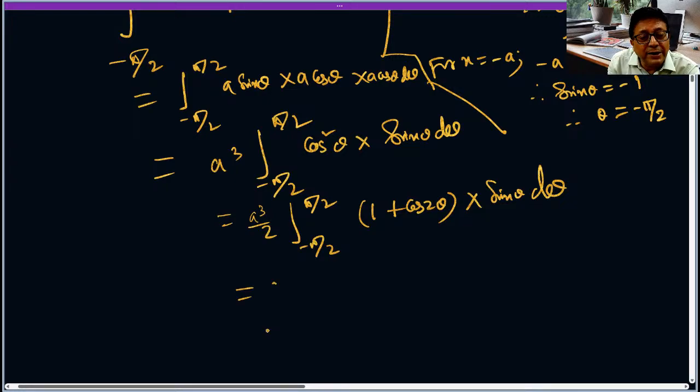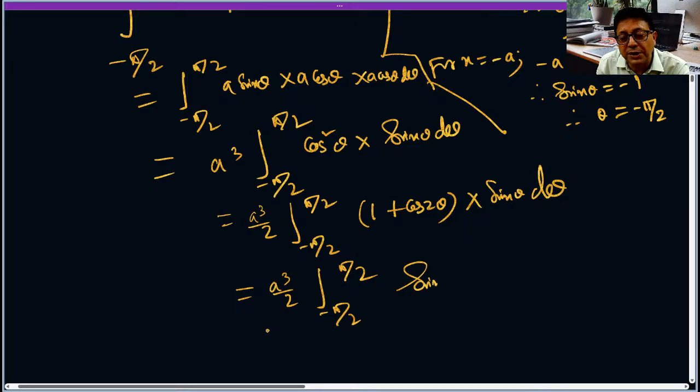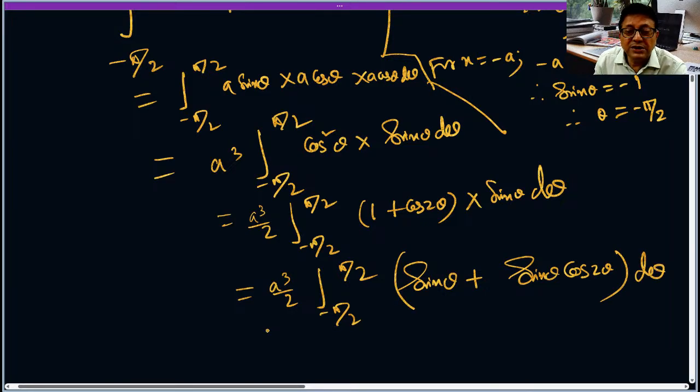Now multiply a cube by 2, open the bracket. This is what? Sin theta plus, isn't it? So integrate this. You can write a cube by 2 outside, sin theta integration you do separately.